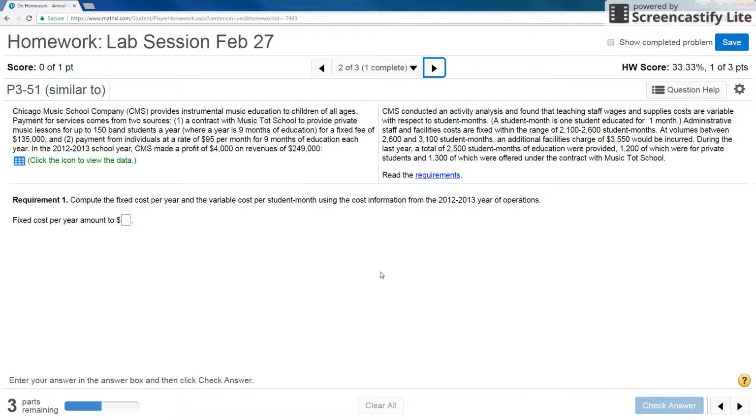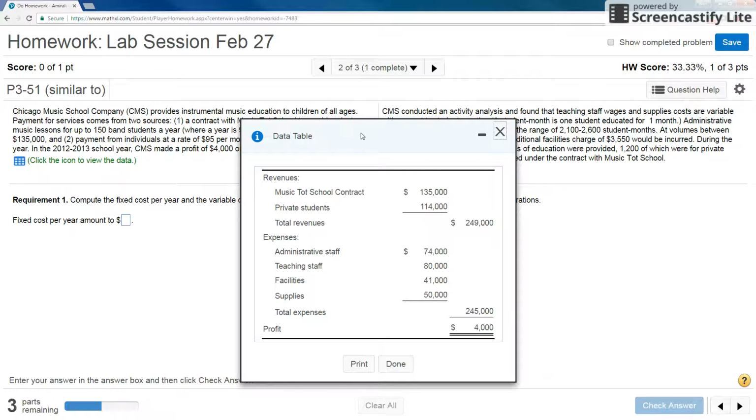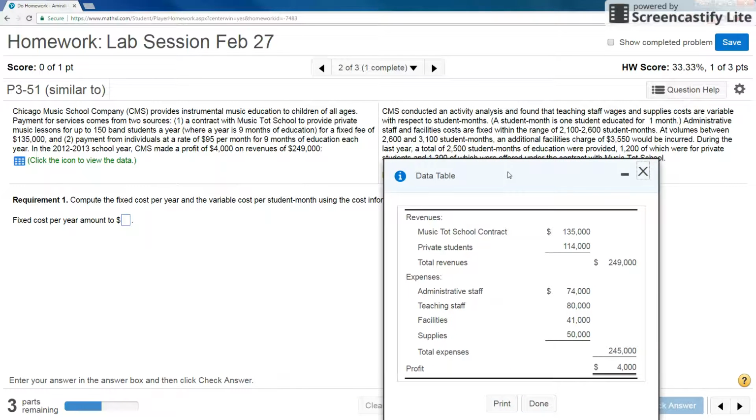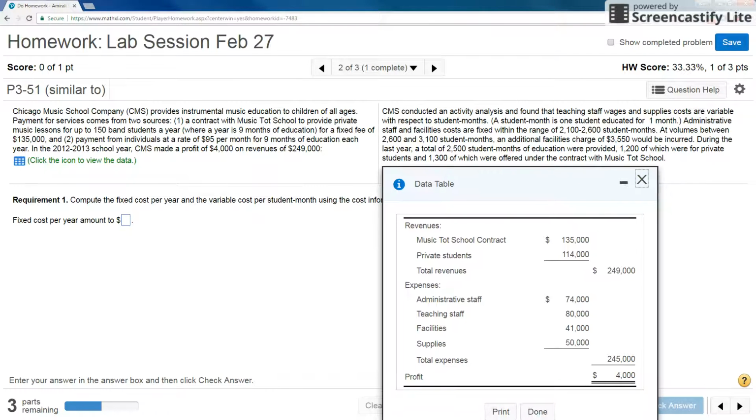So going to the next one, again you can pause the video and read the question. I will put all of the numbers up here for you guys in order to see it, and then we will start solving it. The question asks about fixed cost per year.